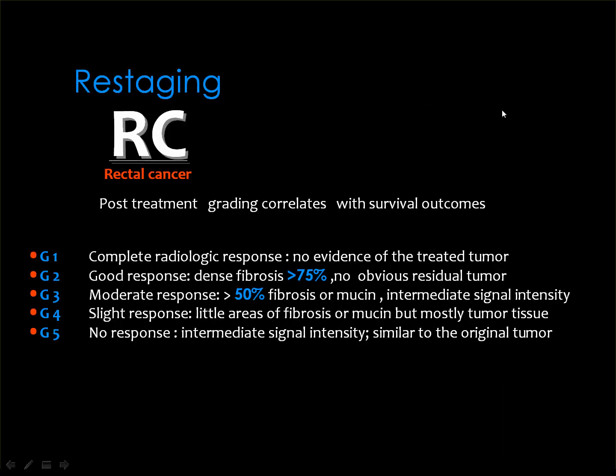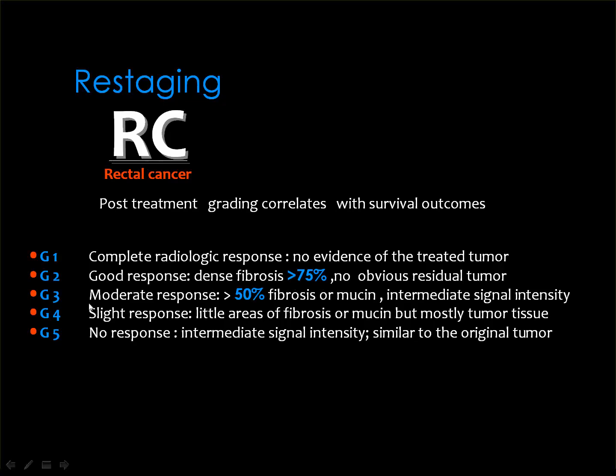Then this is a proposed grading to correlate with the possible survival outcome of the patient. This is also present on the internet, and they said that grade 1 means complete radiologic response to chemoradiation with no evidence of the treated tumor. Grade 2, good response with dense fibrosis more than 75%.